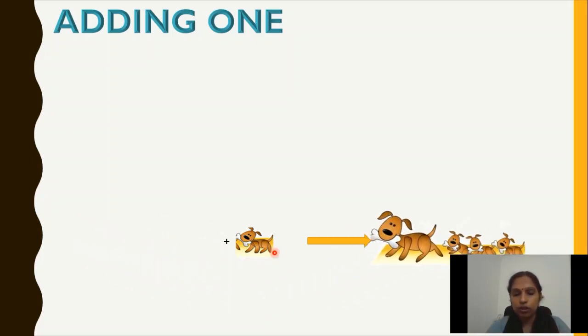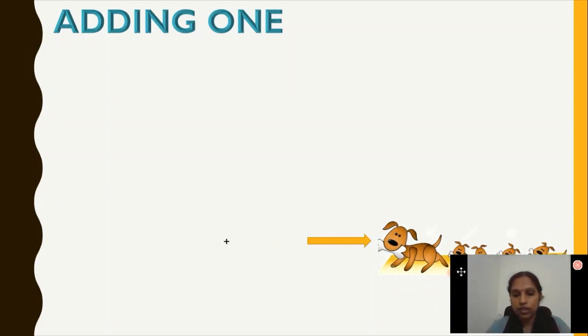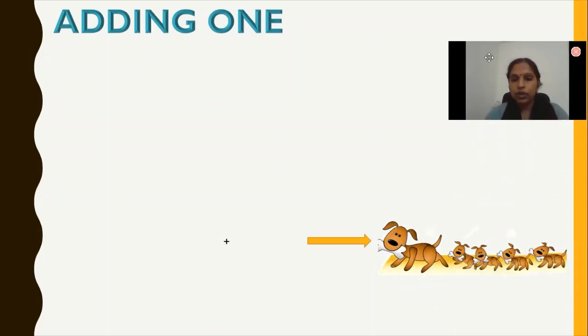So I am going to put both these dogs together. Now can you see how many dogs are there in all? 1, 2, 3, 4, 5. So how many dogs in all? 5. So 4 plus 1 gives you 5.